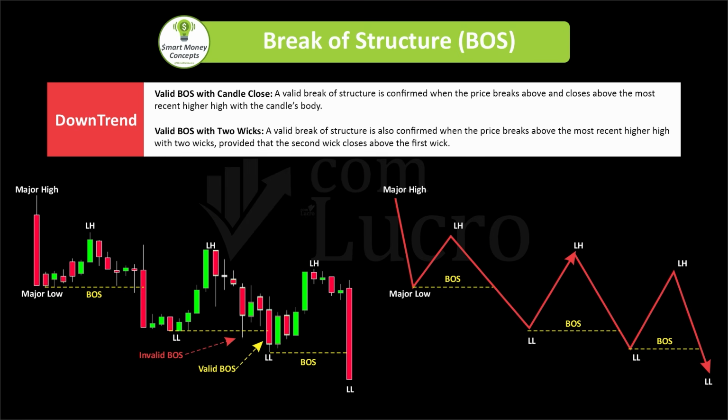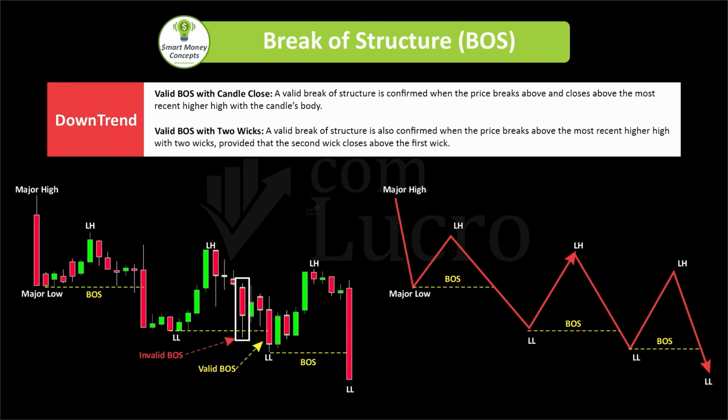Transitioning to the bearish scenario, which mirrors the bullish one. For a bearish market structure to confirm a valid break of structure, the price must break and close below the most recent lower low with the candle's body. If the price breaks the newly created major high upwards, this signals a trend reversal, suggesting that control has shifted from sellers to buyers.